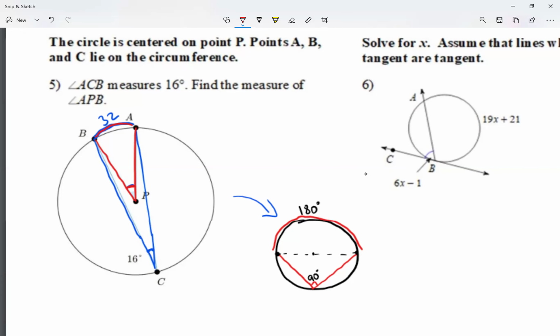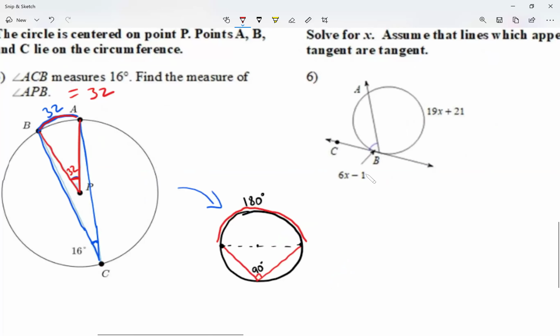Because now I know that arc is 32. So shouldn't this angle be also 32? Because remember how in our last lecture we said the central angle is equal to the arc that it creates. Now, if the angle is on the circle, then you go angle times 2. Okay, so in this case, my answer is simple. Answer is just 32.